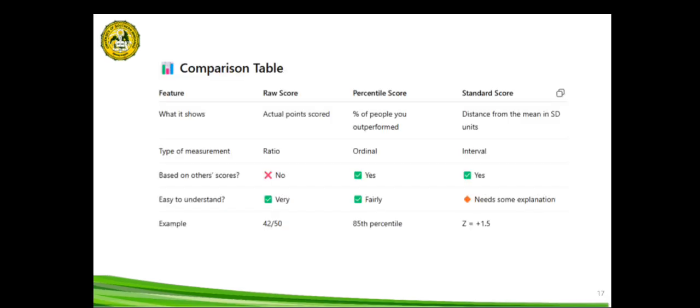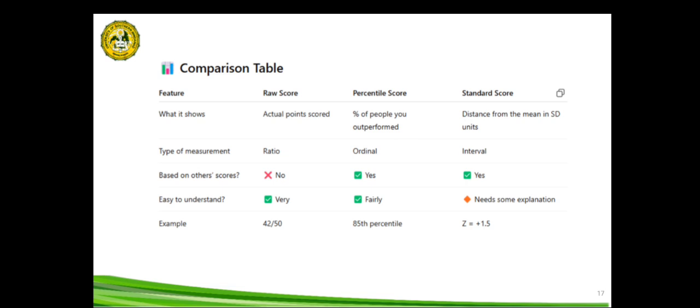So we have here the comparison table. The raw score shows the actual points scored. It's the number of correct answers in the test. The percentile score is the percent of people you outperform. For example, you are in the 85th percentile.